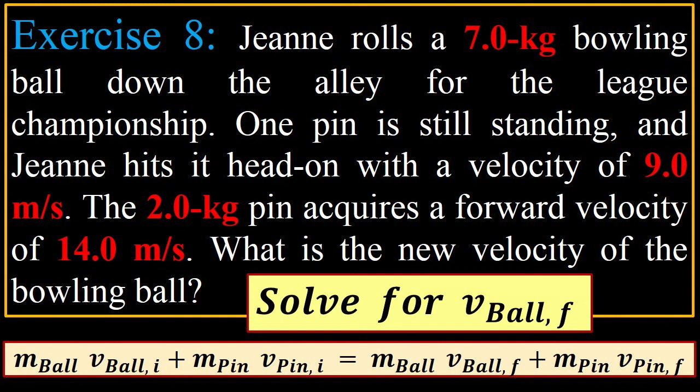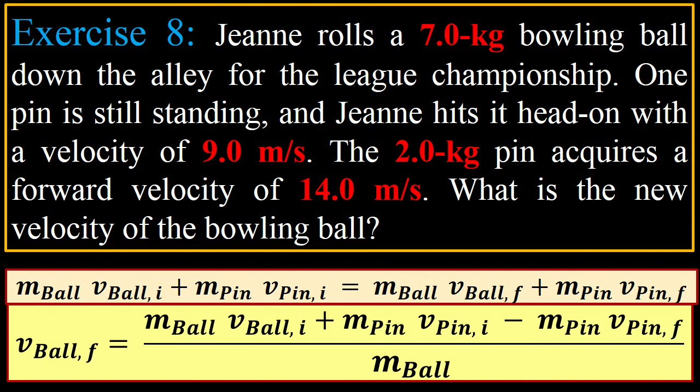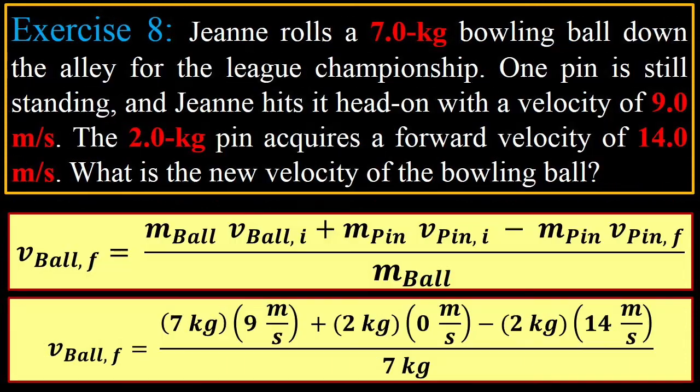Now remember, regardless of what they are, the sums of the initial equals the sums of the final. And you'll see that this is very similar to the last problem we did, the same exact setup, where the sum of the initial momentums minus the momentum of the pin, divided by the mass of the ball, is going to equal the velocity of the ball final.